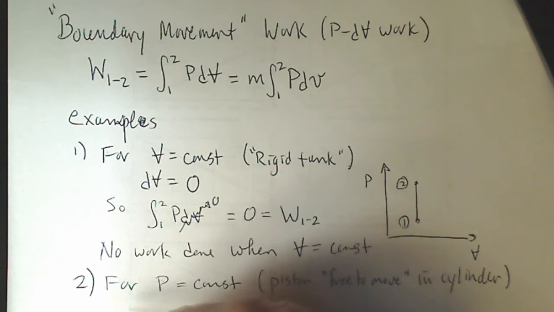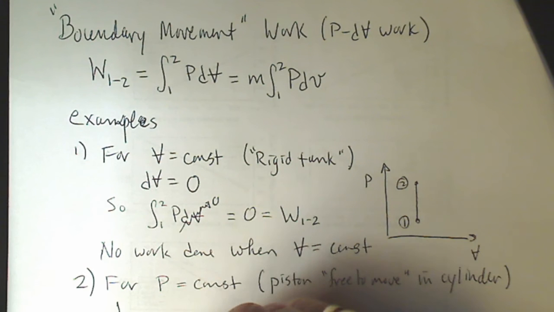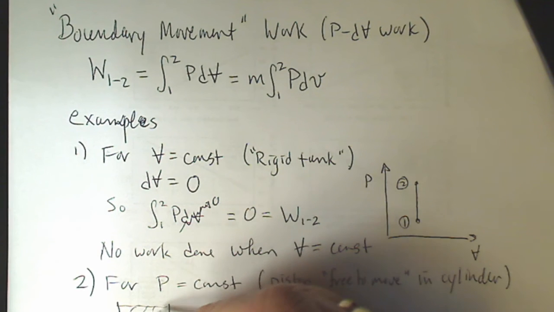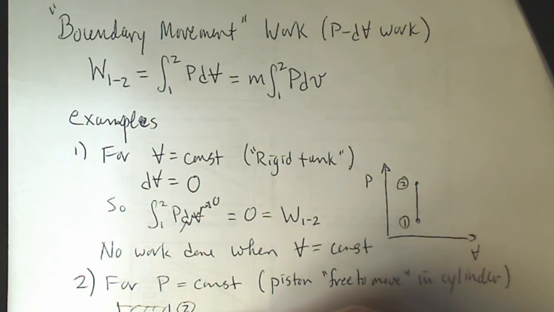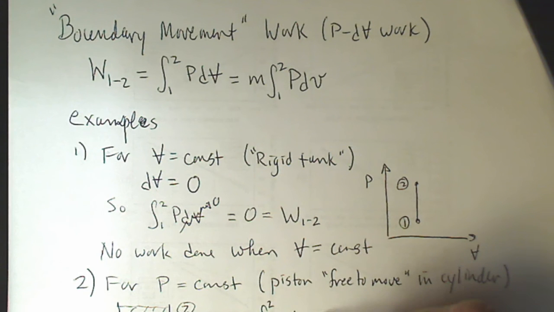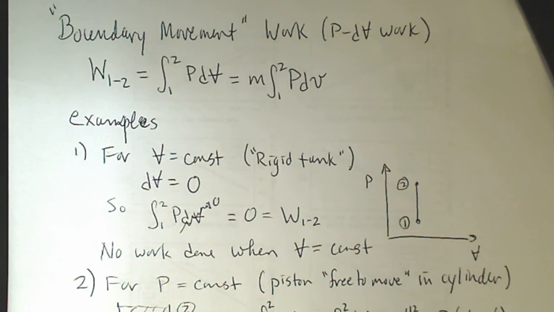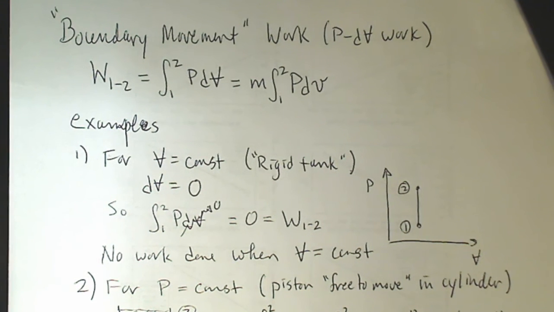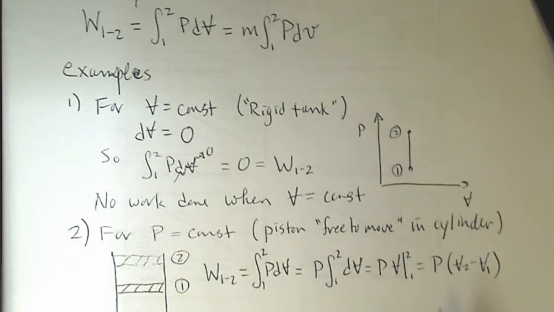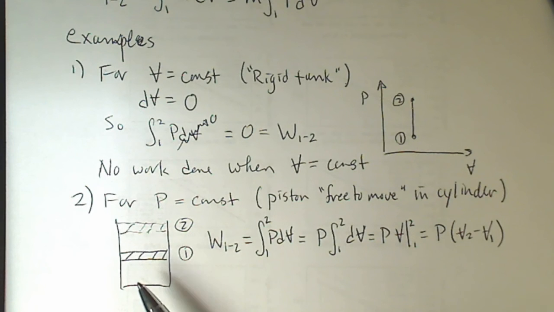All right, so if we had a picture of it, then we could make a schematic. If it expanded from 1 to 2, then the integral from 1 to 2, if P is a constant, and then we just have the integral of dV is just V evaluated at the endpoints, and this of course is just P times delta V. I'm sorry, I think I'm talking a little ahead of what you can see in the video here.